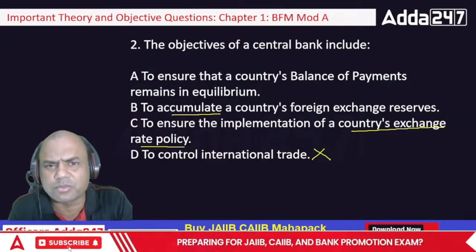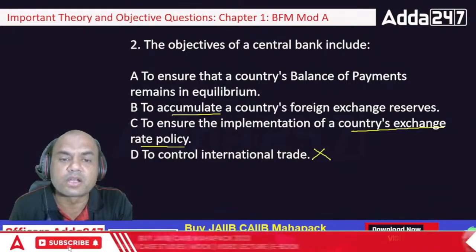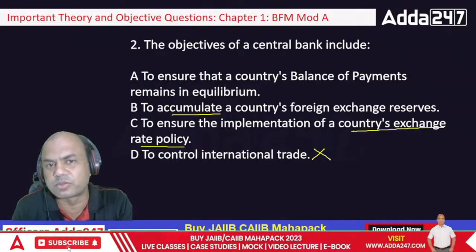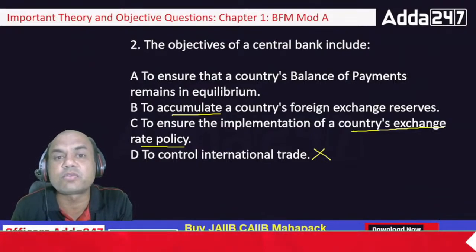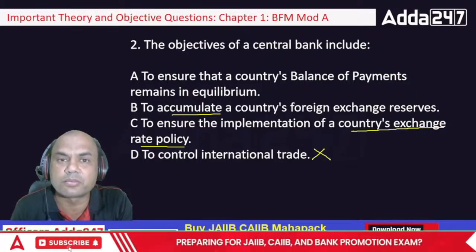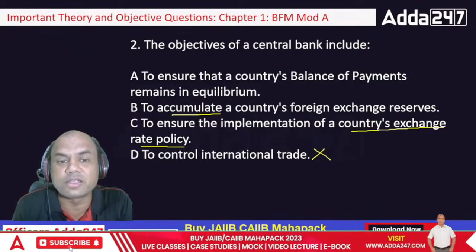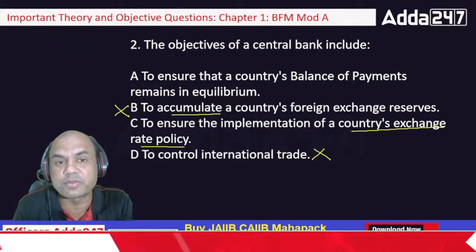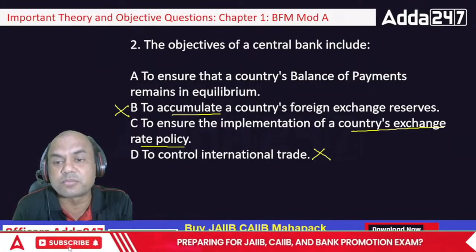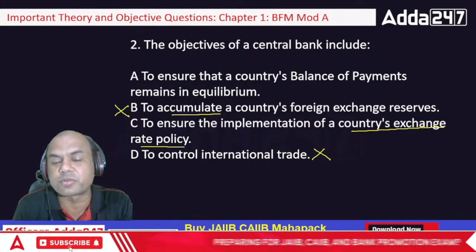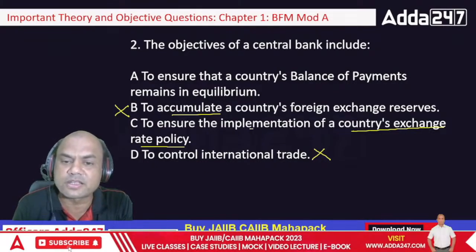It's not the job of RBI. The dollars are collected only up to the time they are sufficient for the country for buying the imports. We shouldn't go on accumulating heavily. So that is also wrong. Now, the fight is between A and C: to ensure the implementation of country's exchange rate policies. So, implementation is done by whom?